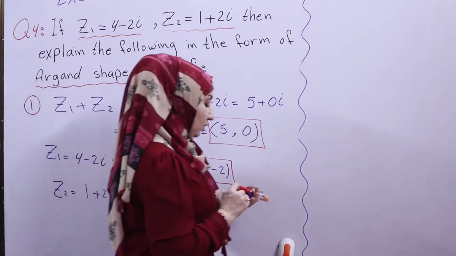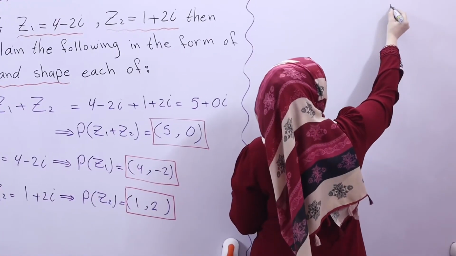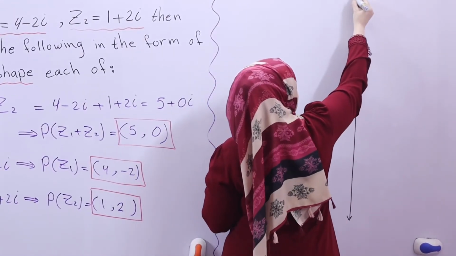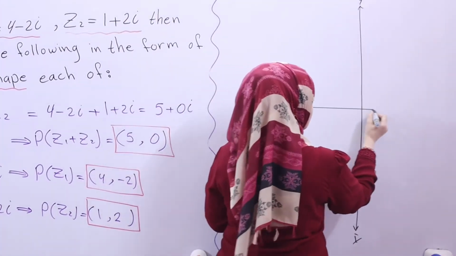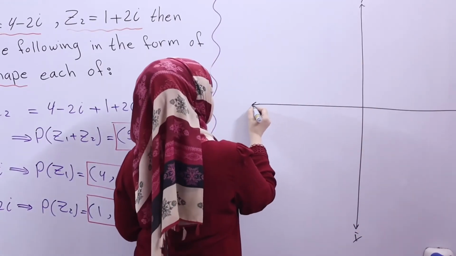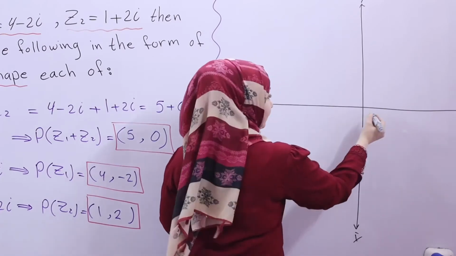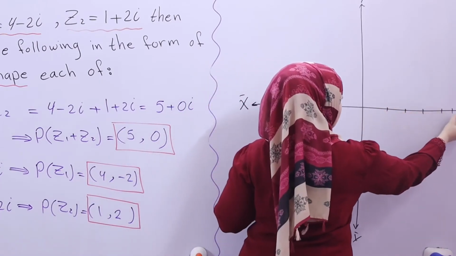So we will draw the two axes in the coordinate plane. So the vertical axis, which is y-axis, and the horizontal axis, which is x-axis. So we need the points 1, 2, 3, 4, 5.